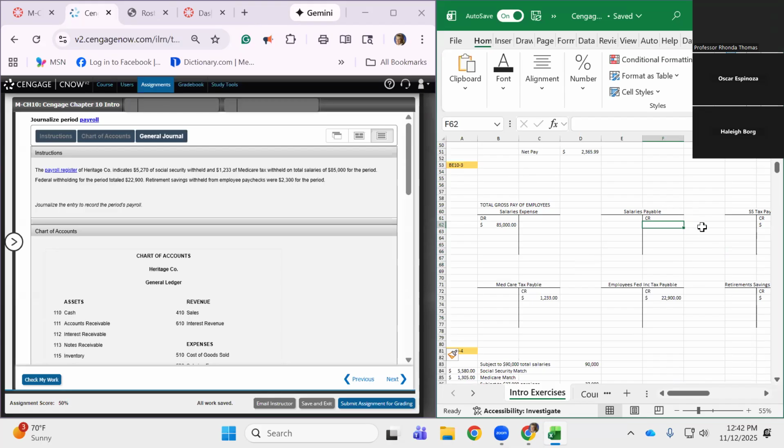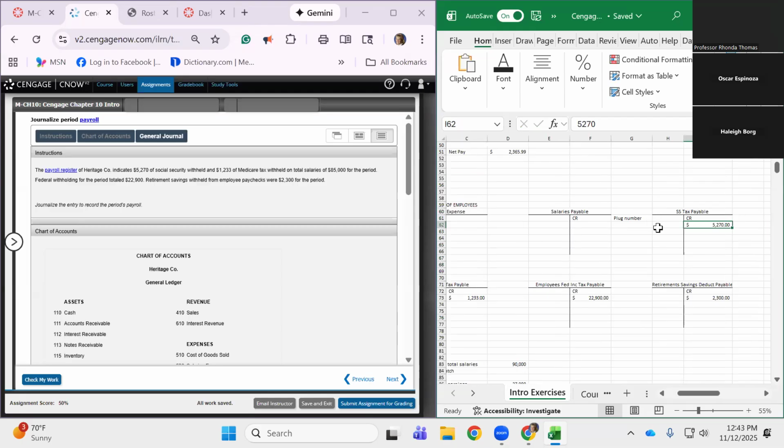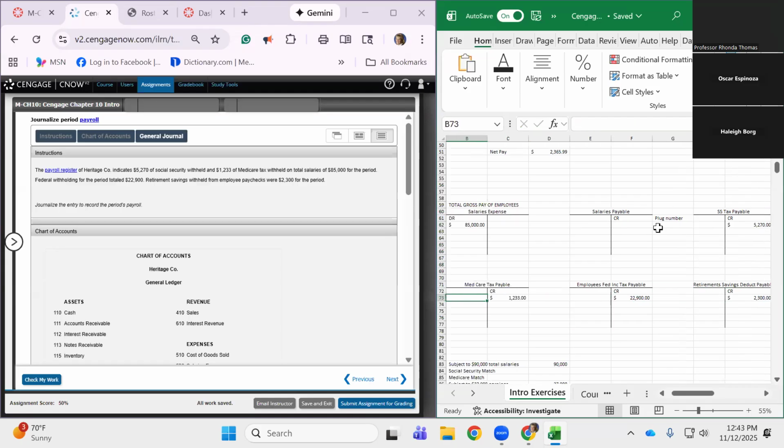So this becomes a plug number. You wait and see what this is going to be, because if you add up all of these four amounts, you're going to find that they don't equal 85,000.